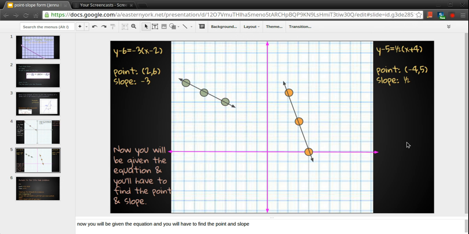Okay, so we should understand this. Actually, I was wrong. One moment. I'm wrong. This is -4, 5. We are going to go the other direction, up 1 over 2. I was in the negative mode.